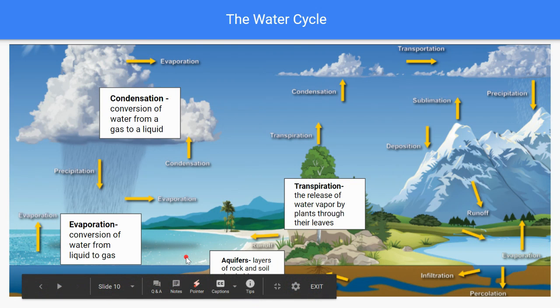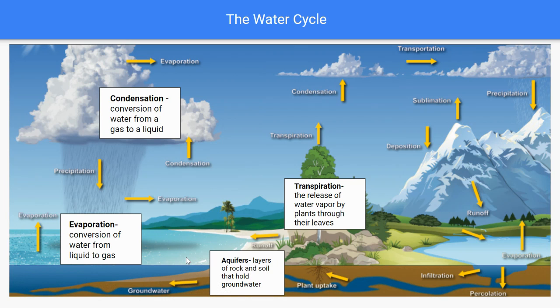Groundwater is essentially all of the water that exists underground, and a lot of this is in aquifers. So aquifers are just layers of rock and soil that hold groundwater. It's not necessarily like underwater lakes. It's kind of like if you're at the beach and you dig into the sand and you get so deep that every time you scoop sand out, water just kind of fills it up because that sand was holding that water. That is kind of how aquifers work on like a massive scale.